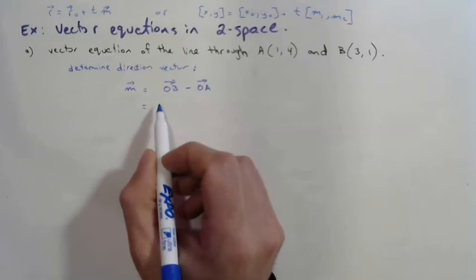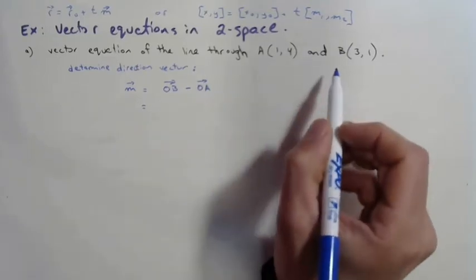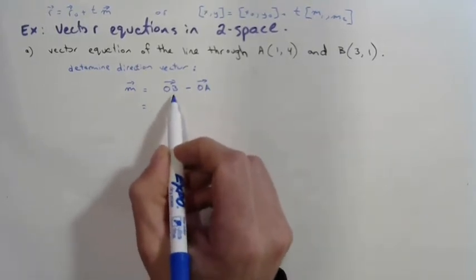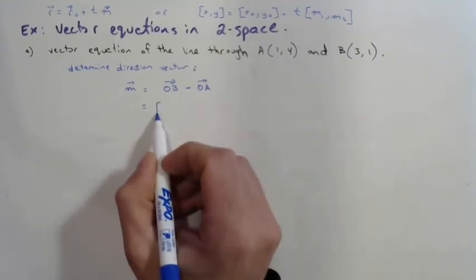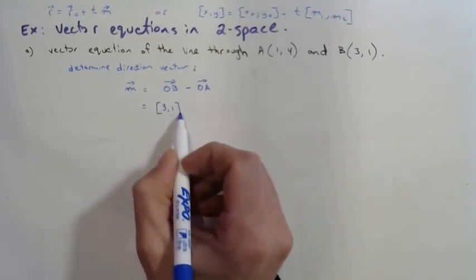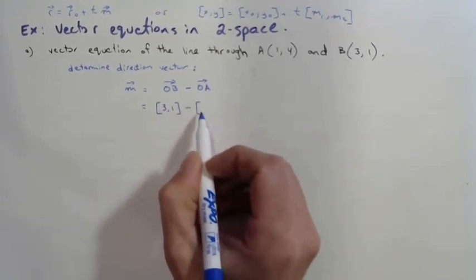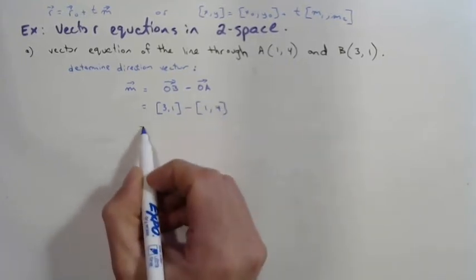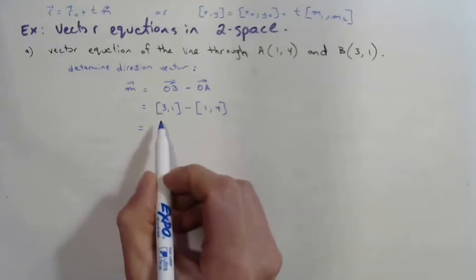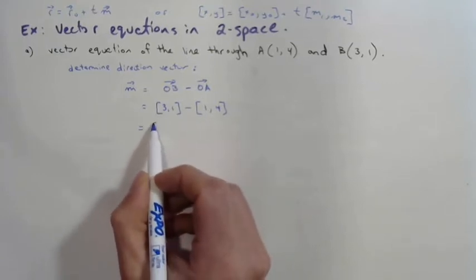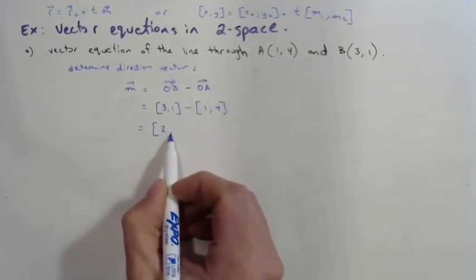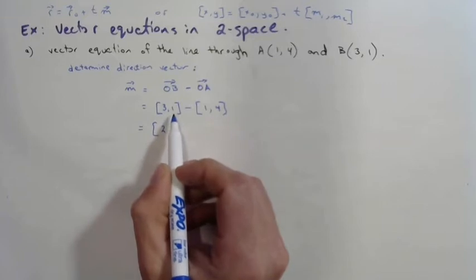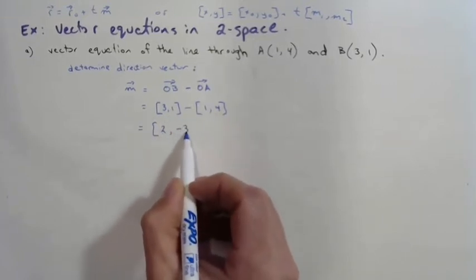So what does that mean? Okay, vector m then, I take first the position vector OB, which is the vector 3, 1. I'm going to subtract the position vector OA, which is the vector 1, 4. I'm going to take the difference of my x components, 3 minus 1, 2, and the difference of my y components, 1 minus 4, negative 3.